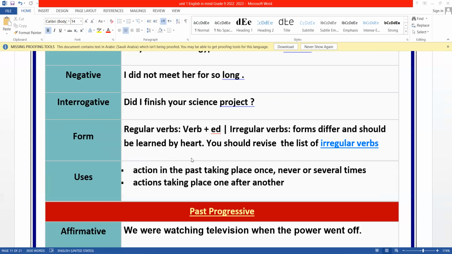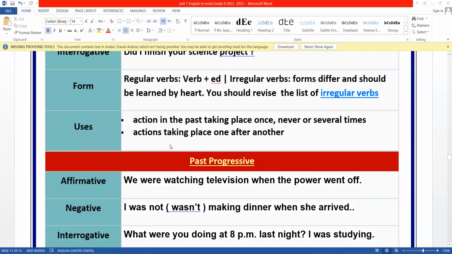Visit, visited. Watch, watched. This is a sample of regular verbs. Irregular verbs: go, went; see, saw; eat, ate. We use the past simple to talk about actions in the past taking place once, never, or several times, or for actions taking place one after another.